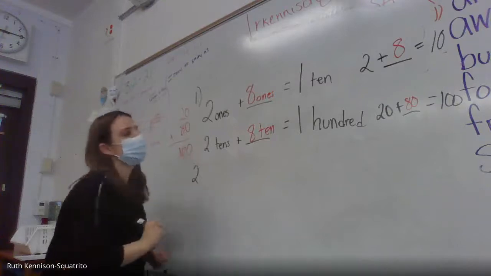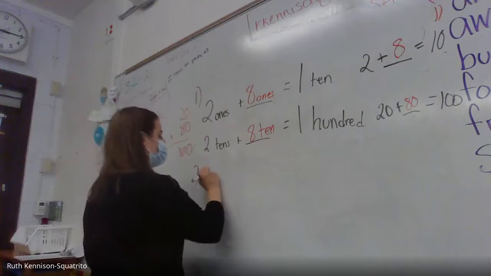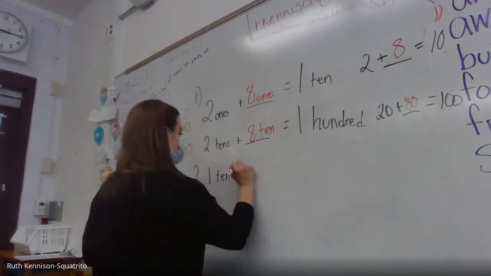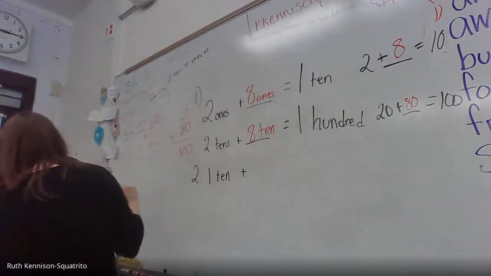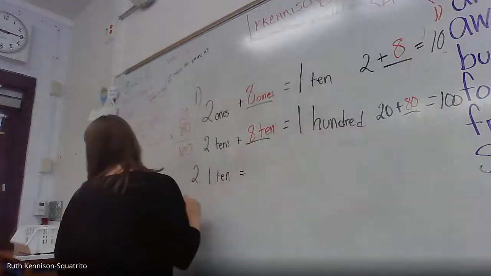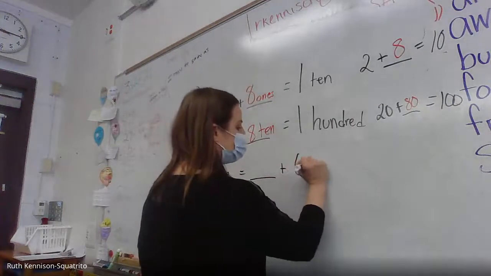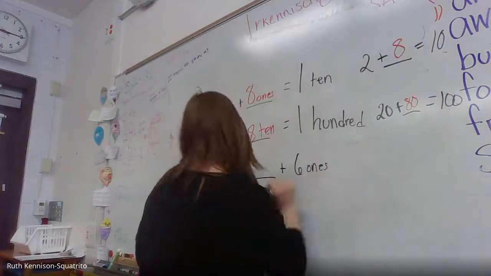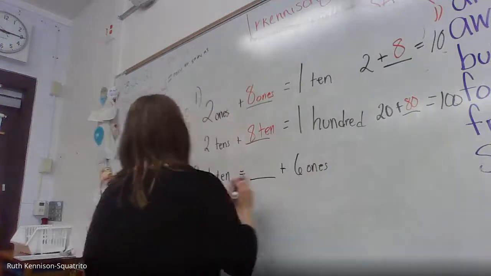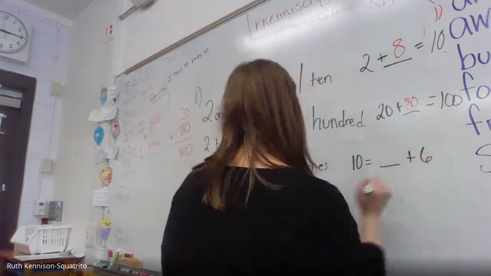Okay, we're on problem number 2, and it says 110 equals blank plus 6 ones. Okay, and then it has 10 equals blank plus 6.